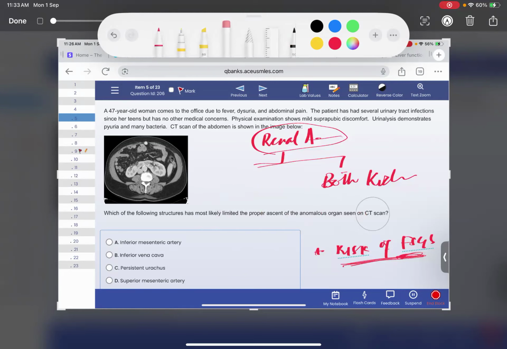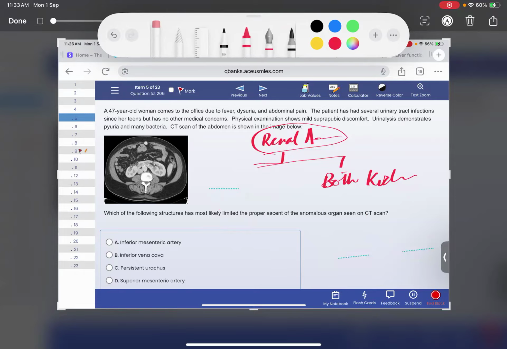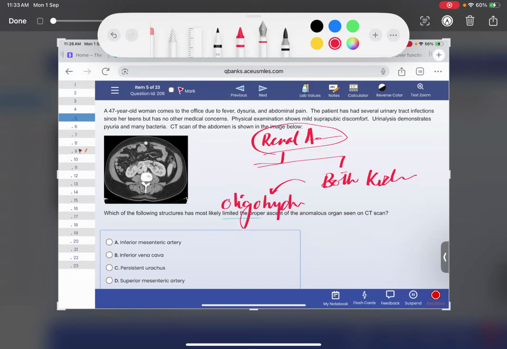What about if both of the kidneys are not forming? What will we have? Potter sequence. What will be causing Potter sequence? Oligohydramnios. So you will have oligohydramnios causing Potter sequence.